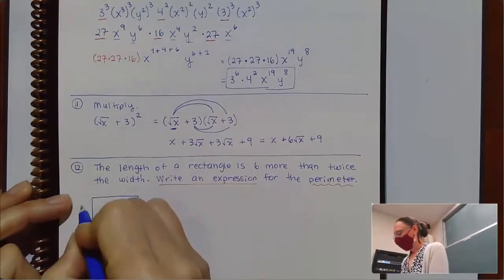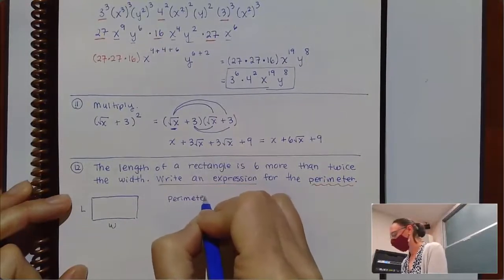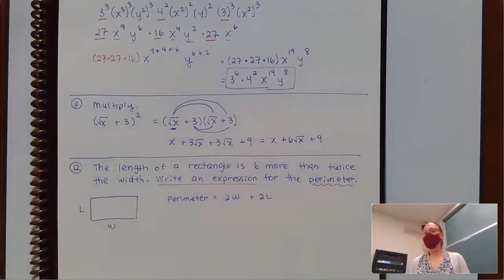and think about generally for a rectangle, if I've got a width and a length, then my perimeter would be twice the width plus twice the length. But we know more information in this problem because we know that the length is 6 more than twice the width.